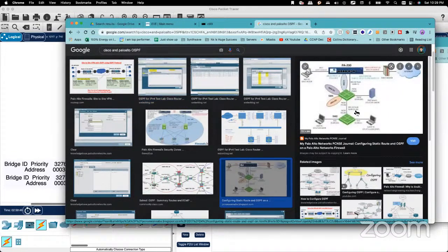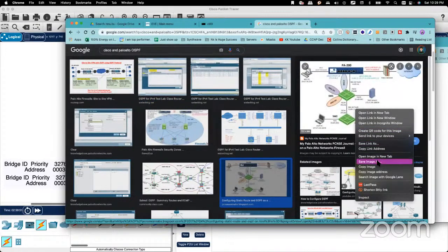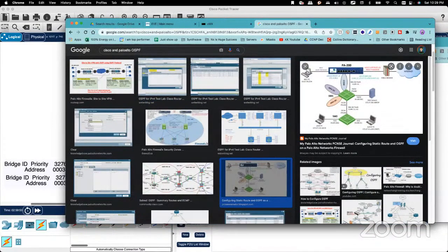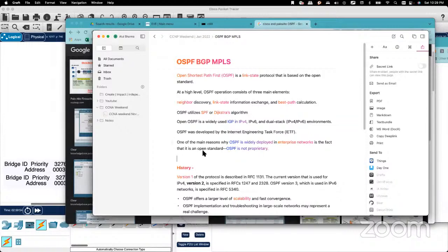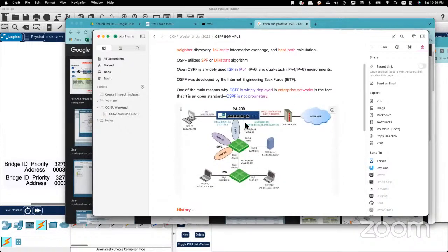So if we can configure Palo Alto with OSPF, are you able to relate now? If we have a router or a multilayer switch, we can share my routes with the Palo Alto also. Are you getting now why OSPF is being deployed in enterprise networks? You can give this answer in an interview.